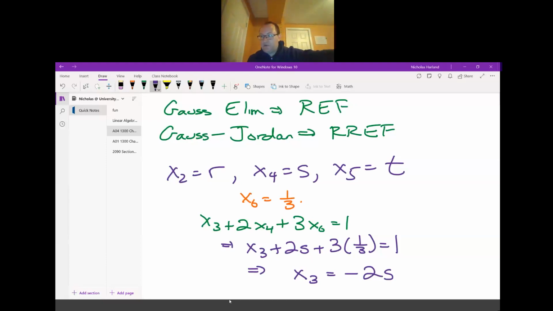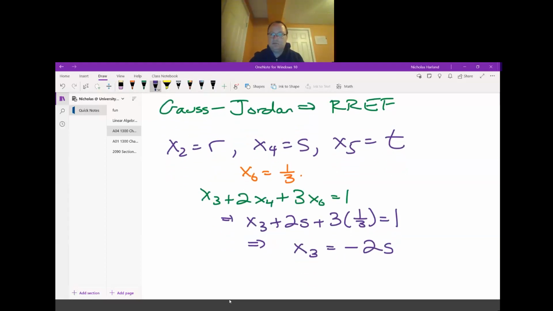So we had our 3 parameters. We have x6 from the third equation, and with a little bit of work, we have x3 from the second equation. All right, any questions about how we got x3 before we move on to the only row we haven't used yet? All right, and what's the first equation say?